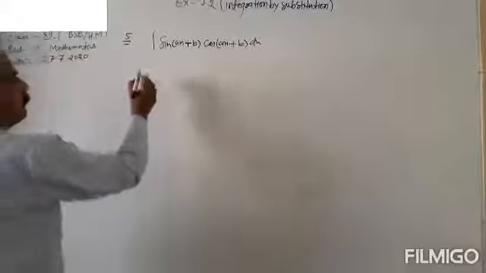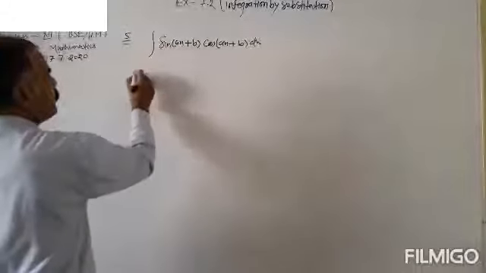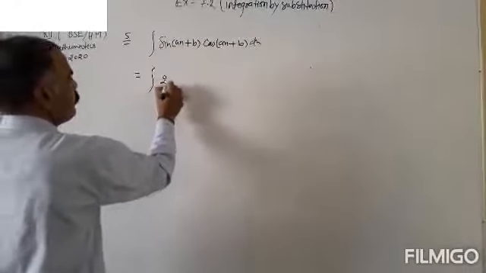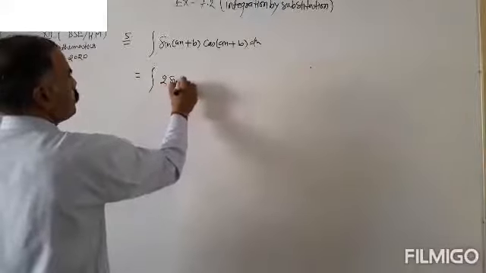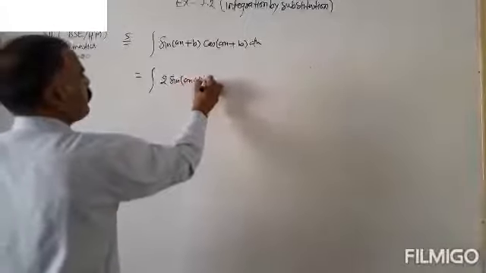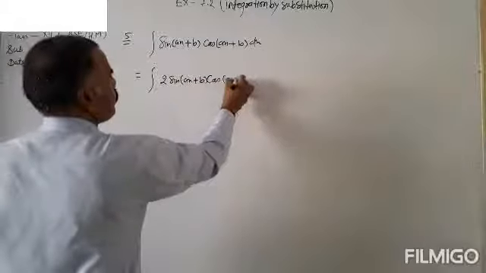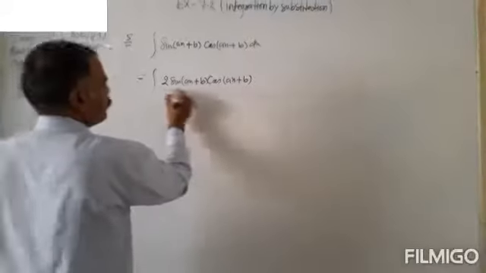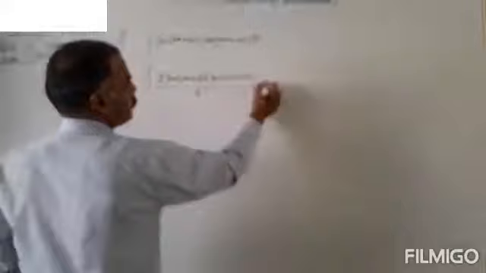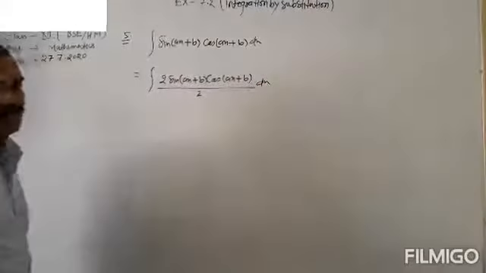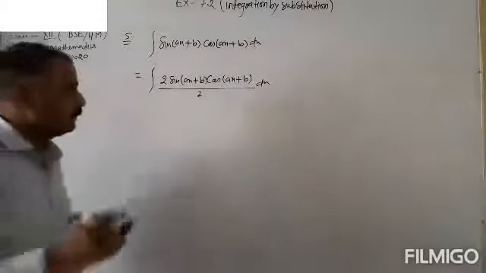Now what we have to do? We have to multiply this function by 2, giving 2 sin(ax plus b) cos(ax plus b), and we will also divide by 2, to keep the function the same as given in the question.